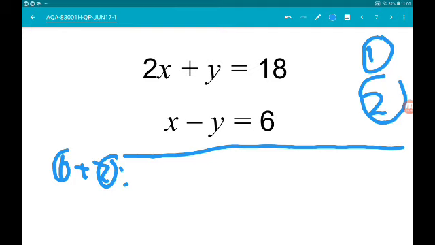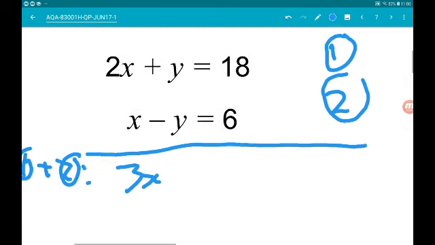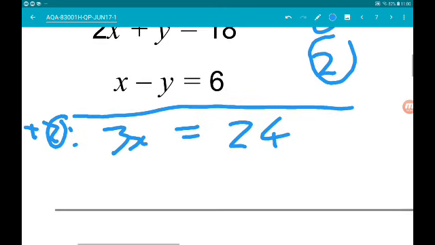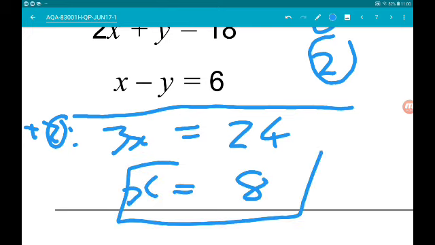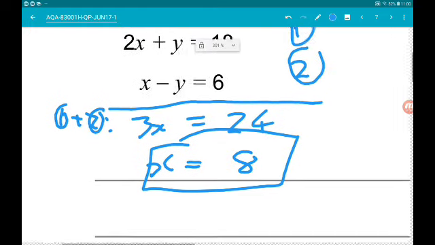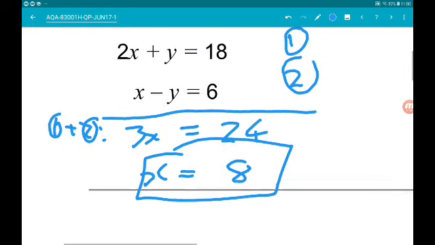So 2x add x is 3x, y add minus y is 0, 18 add 6 is 24. So if we then divide by 3, we get x is 8. That's half our answer.